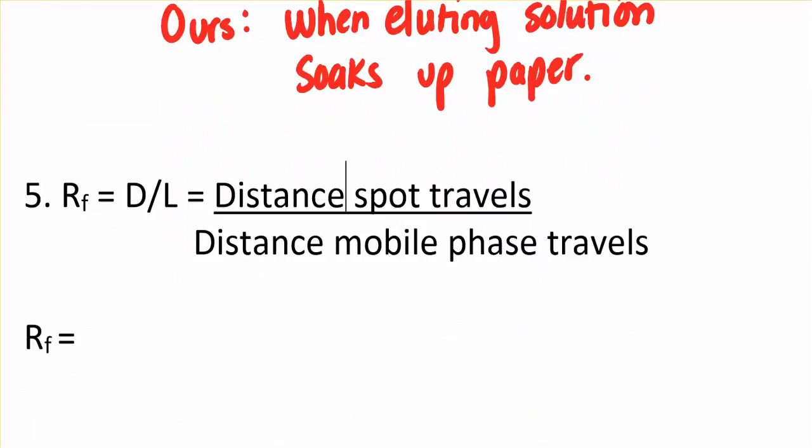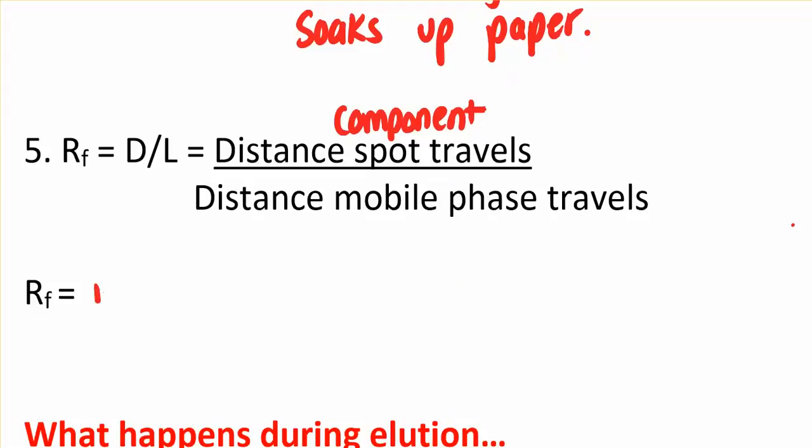The RF is basically a measure of how far up the spot travels compared to the solution. And when I say the spot, we're talking about a particular component of our mixture. The RF stands for retention factor.